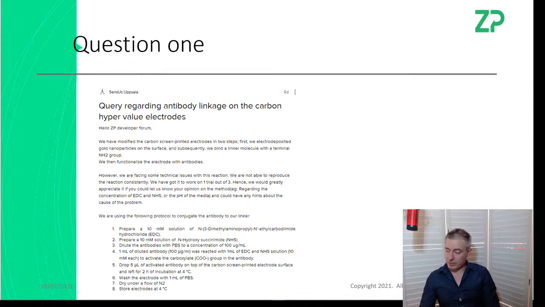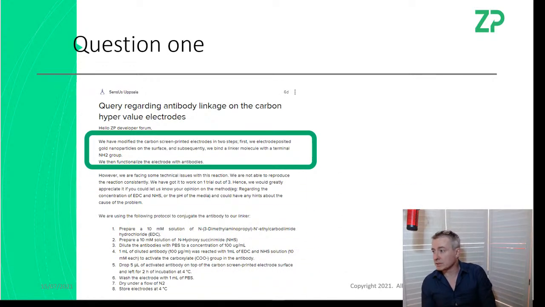If I paraphrase what they've said, they've got some of the carbon hypervalue electrodes from ZP, and they're trying to do electrode deposition of gold nanoparticles onto the surface.